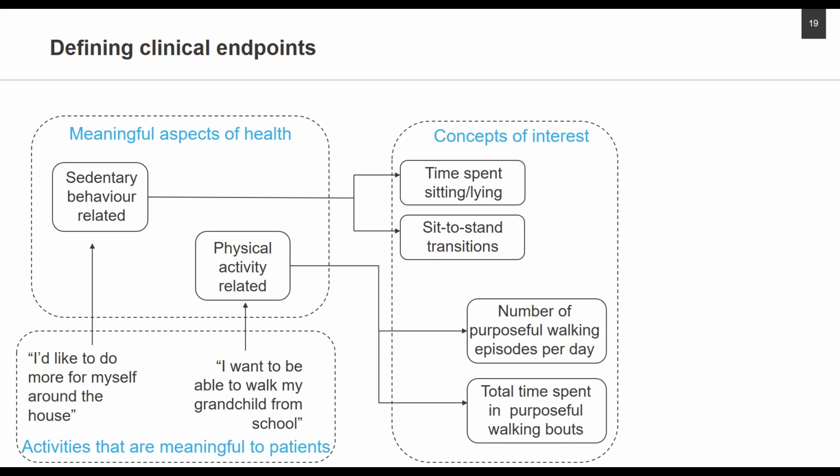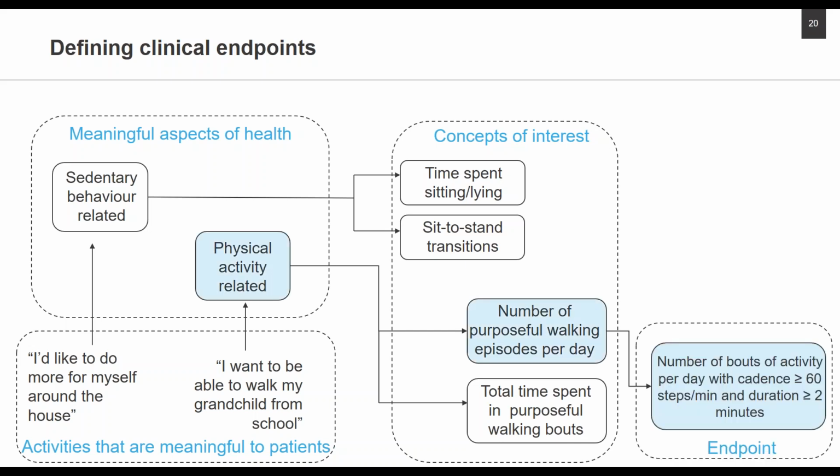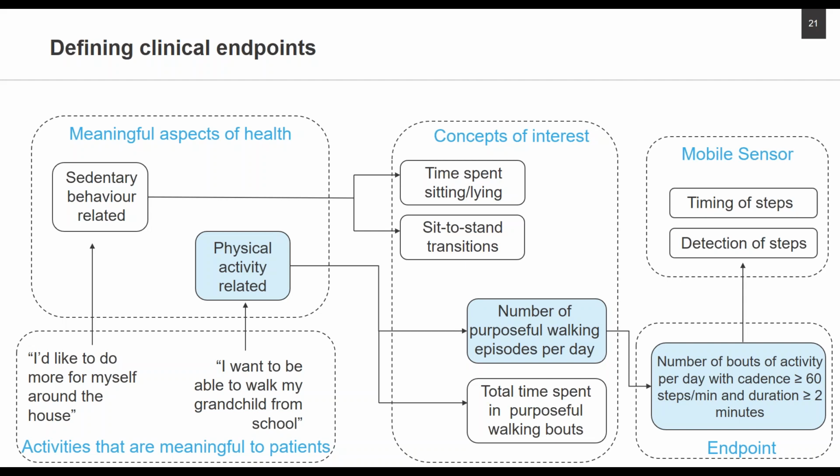And maybe it's the number of those episodes or the time we spend in those bouts of purposeful walking. And so to develop an endpoint, an endpoint might be the number of bouts of activity of purposeful walking. And we might define purposeful walking as a stepping rate of 60 steps a minute for a duration of at least 2 minutes. And that might be our endpoint.